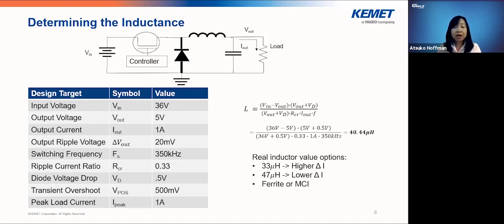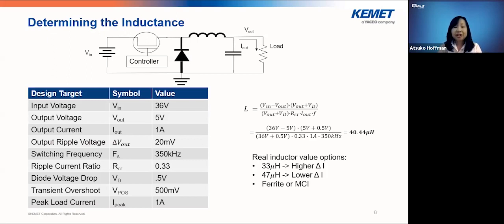Using the lower inductance would make the ripple current a little bit higher. Using the higher inductance than the target value would lower the ripple current a little bit.